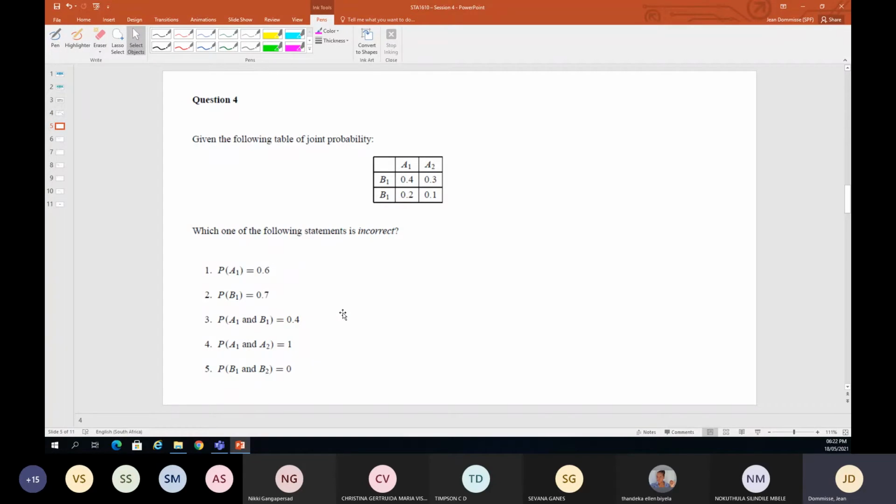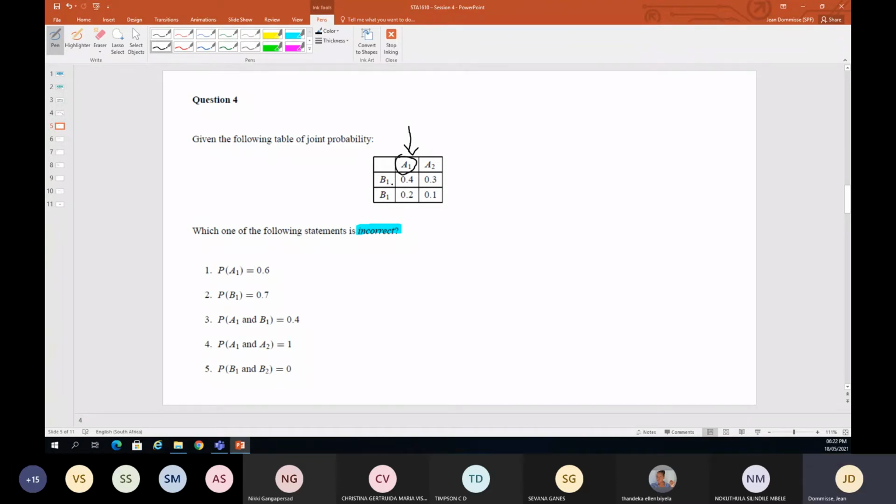So again, if you look at this, you probably need to look at four calculations. Hopefully there's one that just stands out as being incorrect. Again, I like to draw the picture. So the probability of A1.